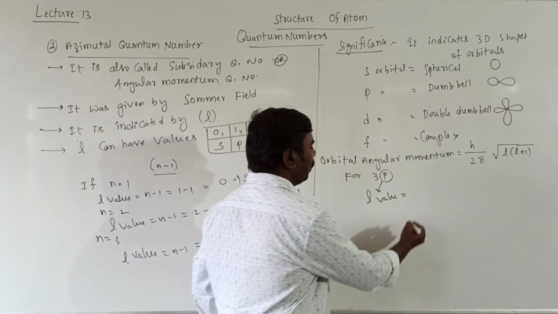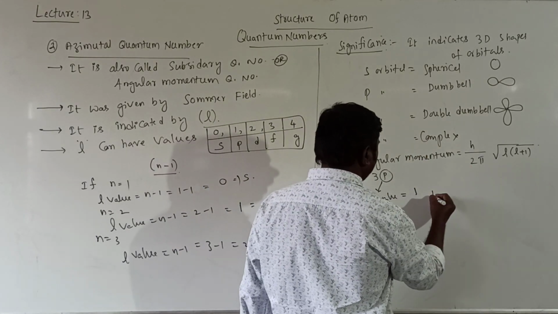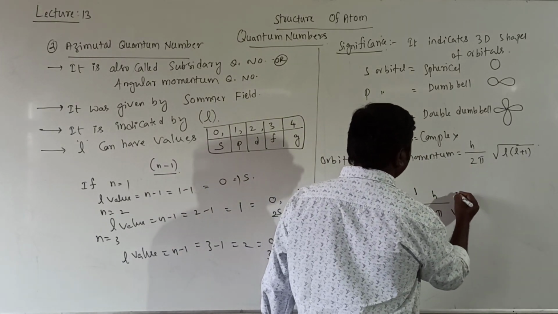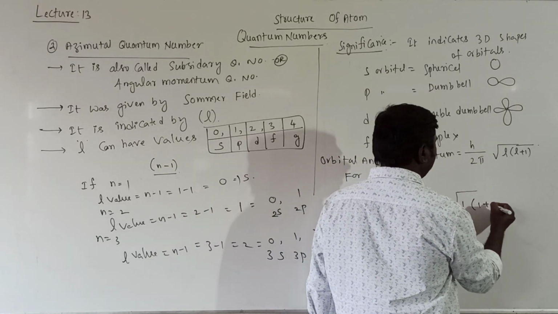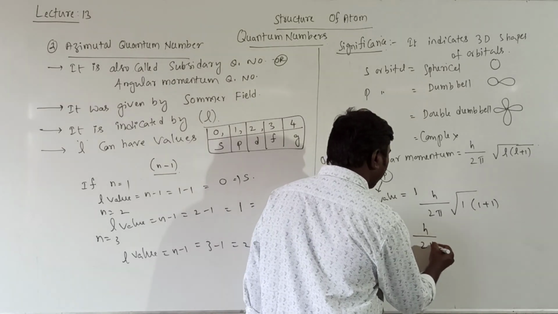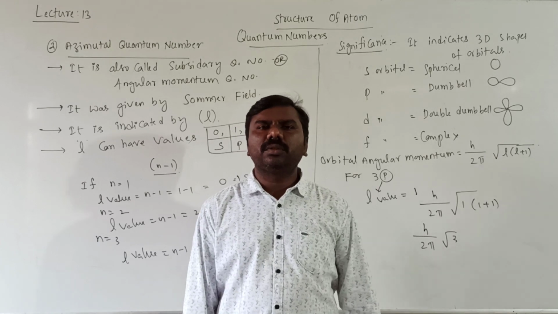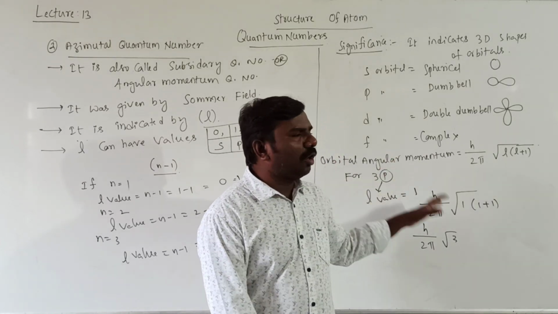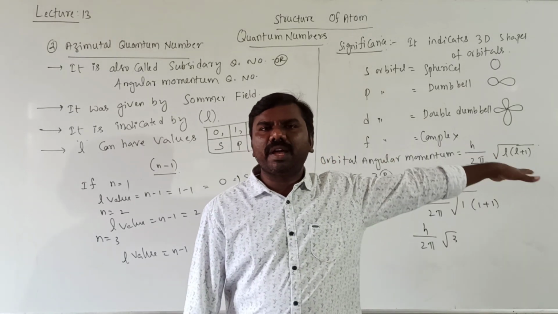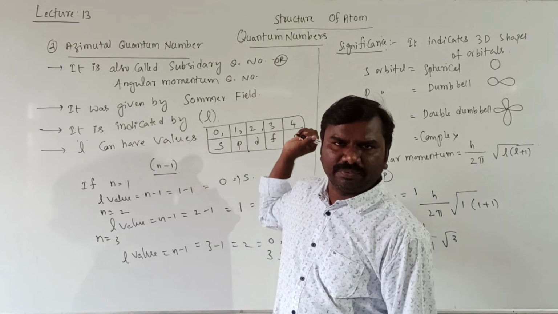Clear, students? Then substitute l equal to 1: h by 2 pi into root of 1 into 1 plus 1, that is h by 2 pi into root 2. That is your answer. So easily you can find the orbital angular momentum by the l value. To find the l value, remember 0, 1, 2, 3 for s, p, d, f.